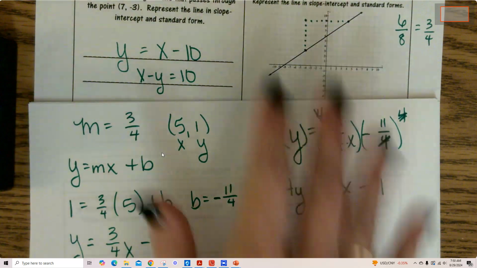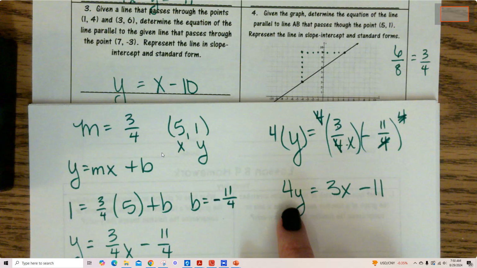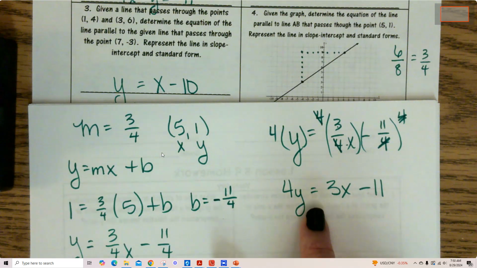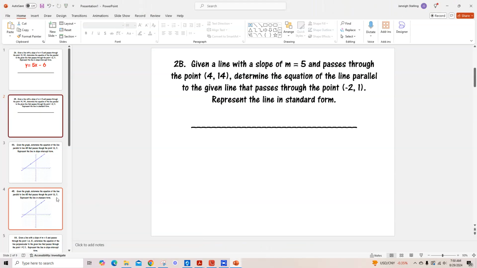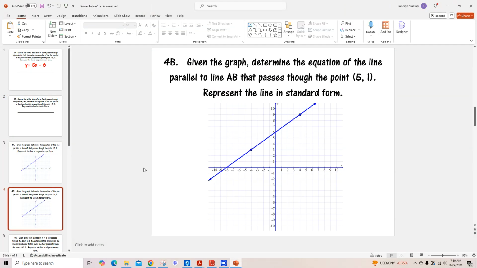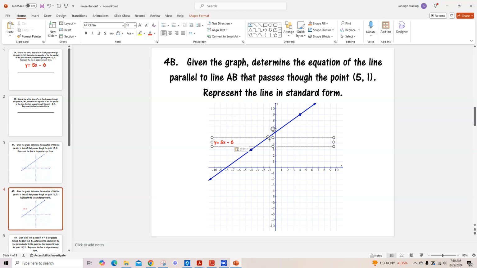All right, so your task for number 4 is to continue and get this into standard form, proper standard form. So we're going to skip to this one. We've already got, let me write it for you. Copy this over here.